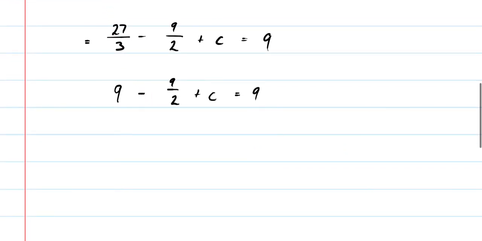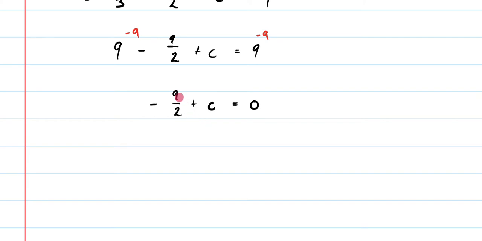I can now subtract 9 from both sides, which is going to leave me with minus 9 over 2 plus c equals 0. Then what I'm going to do is add this to both sides. So I'm going to get, therefore, c is equal to 9 over 2.